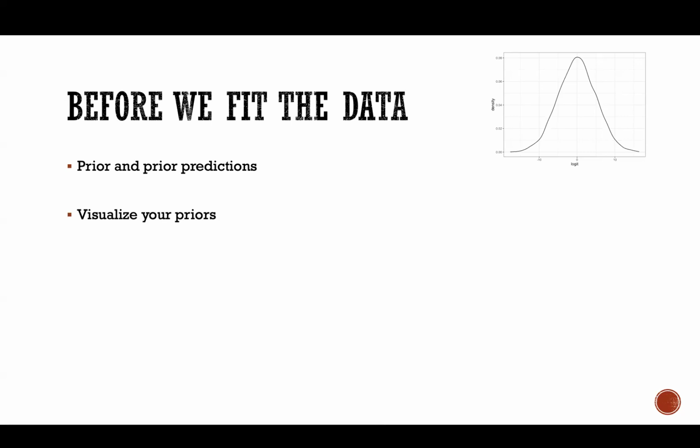Except, we might want to check what that does on the actual scale of the parameter, which is 0 to 1. So what we do is we feed that distribution through an inverse logit. And this is what we get.